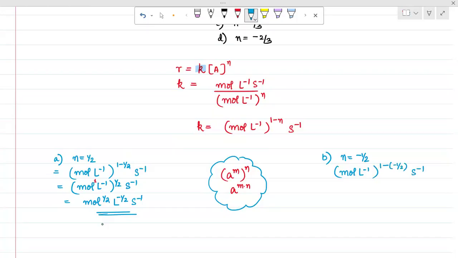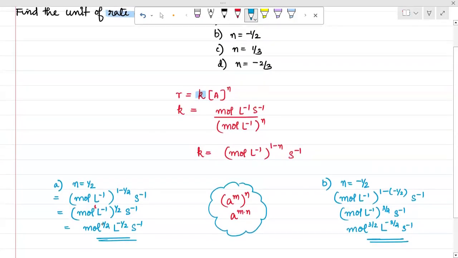Minus minus becomes plus, so this becomes 1 plus 1 by 2, which is equal to 3 by 2. Moles per liter to the power 3 by 2 per second. If you want to expand this, mole to the power 3 by 2, liter to the power minus 3 by 2 per second is going to be your answer.